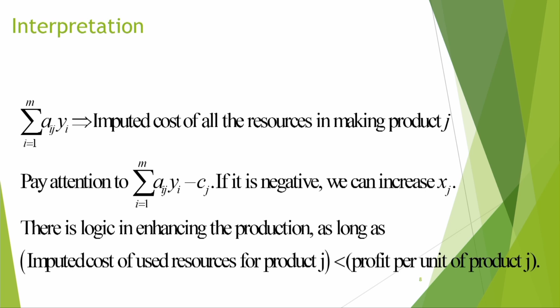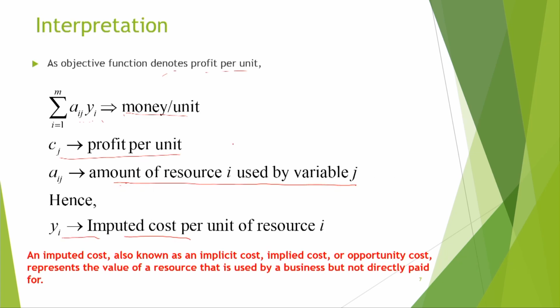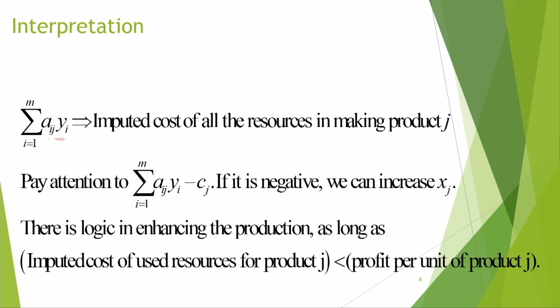So sigma i = 1 to m of aij yi implies the imputed cost of all the resources in making product j. This sigma is basically money per unit, so it is per unit of product.